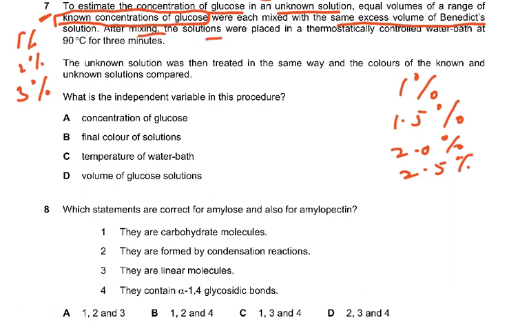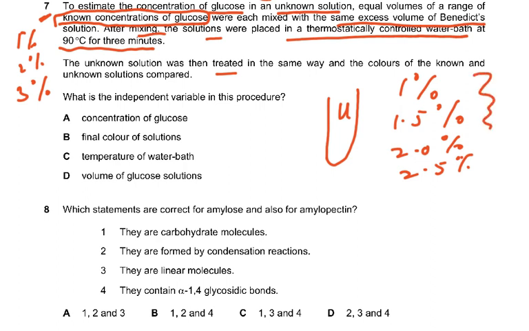After mixing the solutions, they are placed in a thermostatically controlled water bath at 90 degrees for 3 minutes. The unknown solution was then treated. So there was an unknown solution, say we label it U. Now we didn't know whether it was 2% or 2.5 or 3. And the colors of the known and the unknown were compared. So you had this color standard, and then you compared it with the unknown one.